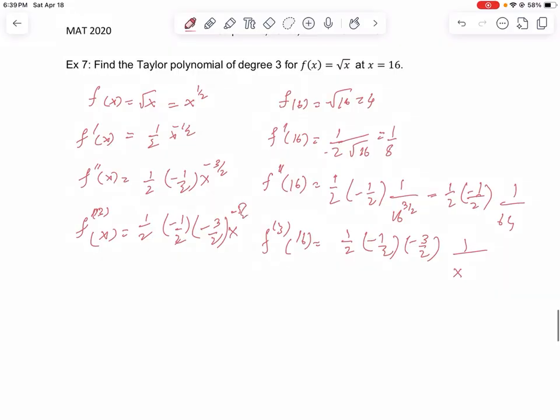So 5 over 2. 16 raised to 5 over 2. So this gives me 1 over 2, negative 1 over 2 times negative 3 over 2 times 1 over, now the square root of 16 is 4, and 4 raised to 5 is 64 into 16.